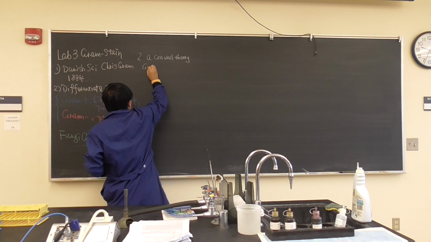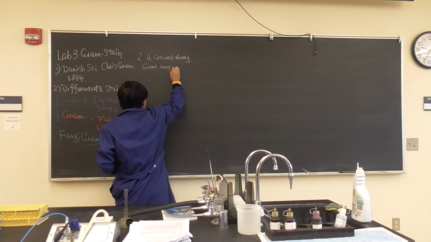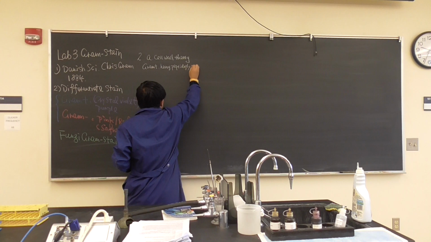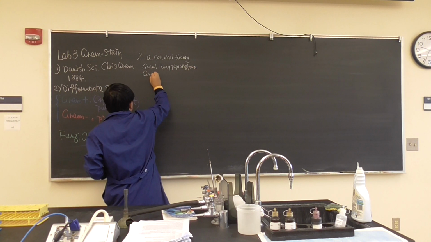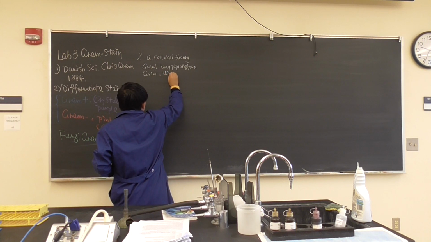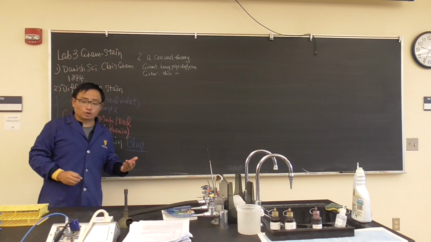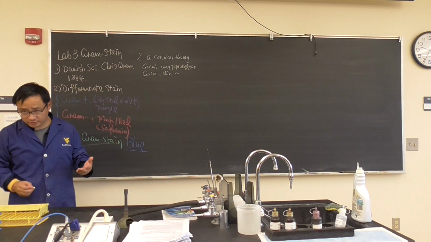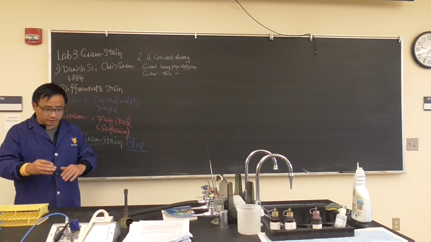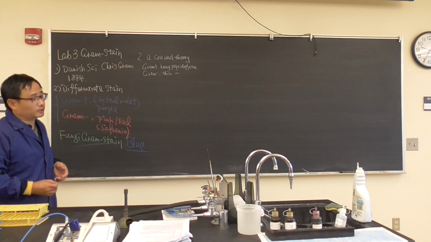Gram positive bacteria has a heavy peptidoglycan layer, and the gram negative bacteria has a very thin peptidoglycan layer. So they cannot hold on during the decolorization process. So the dye is washed off. And finally, you counterstain with safranin, and it shows you safranin color. And the detail we will talk about in the lecture.